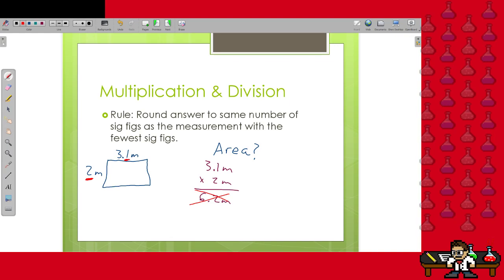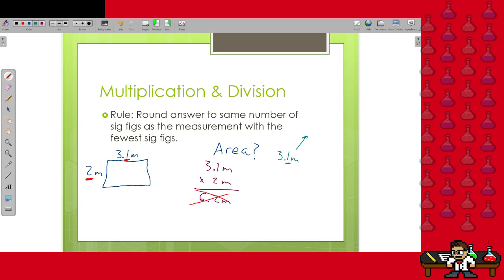If I handed you this carpet square and you came back to me and said that it was about 3.1 meters wide, I can break down what this measurement means. 3.1 meters, again, means that your estimation took place at the tenths spot, to the tenth of a meter.